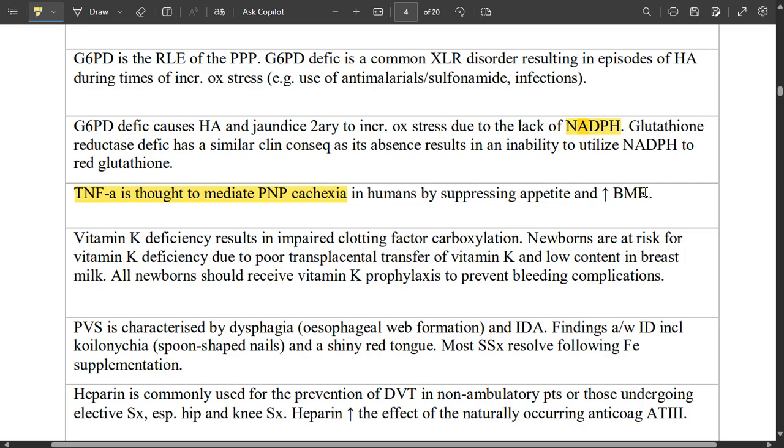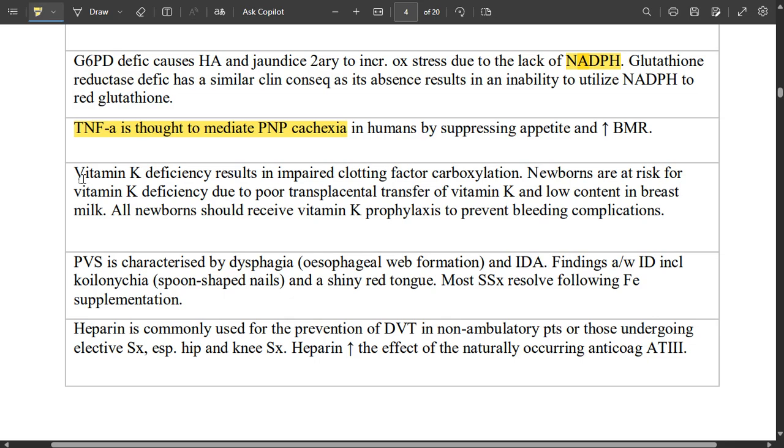Because of TNF alpha, there is weight loss. How? There is a decrease in appetite and basal metabolic rate is increased. Therefore, there is weight loss in humans with cancer, because cancer cells secrete TNF alpha. There is cachexia.